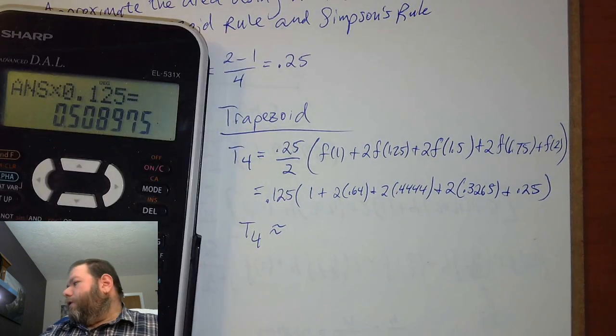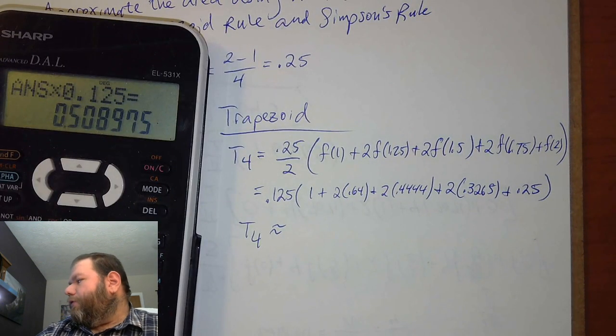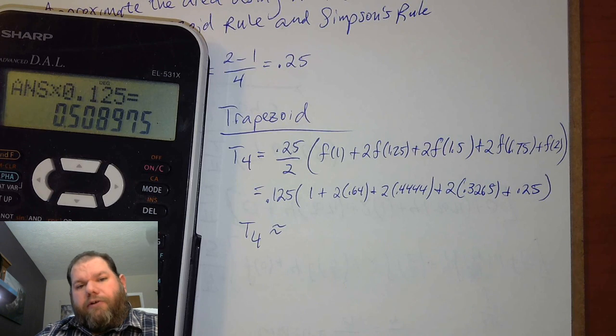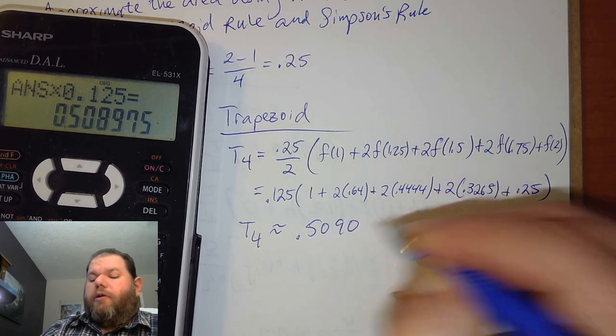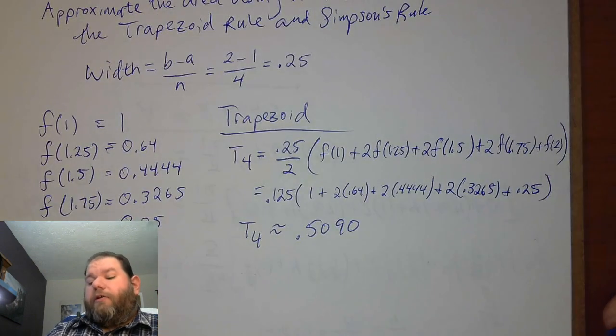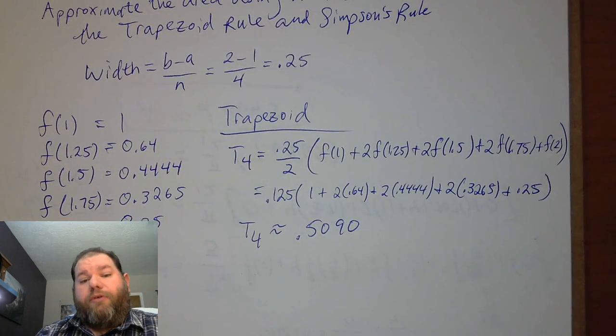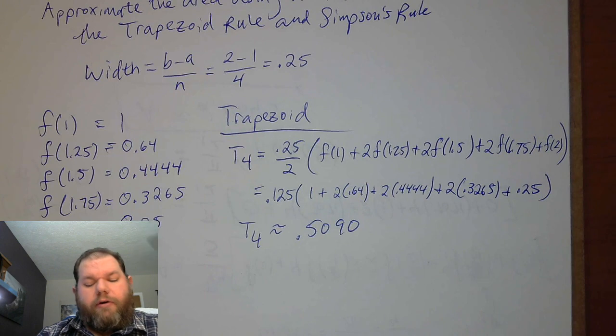And that works out to be about 0.5090 if we go to 4 decimal places. We do see that, and we know the actual value is 0.5, so it's actually not that far off. But I wonder if the Simpson's rule gives us a closer number.